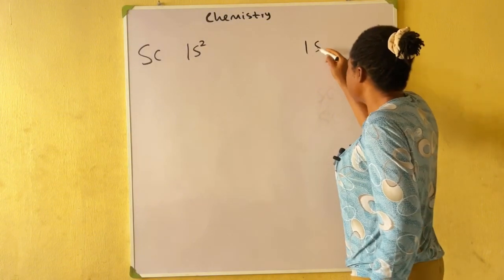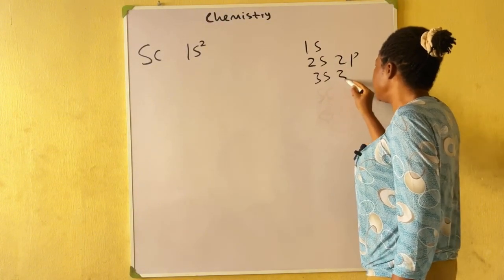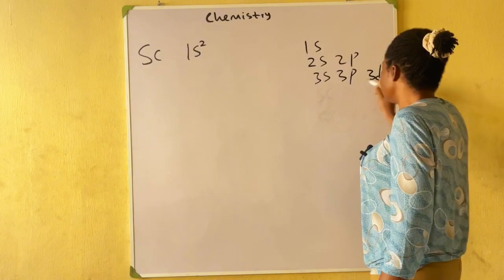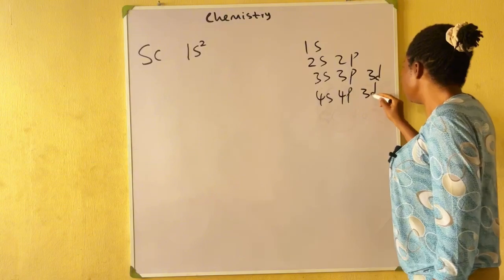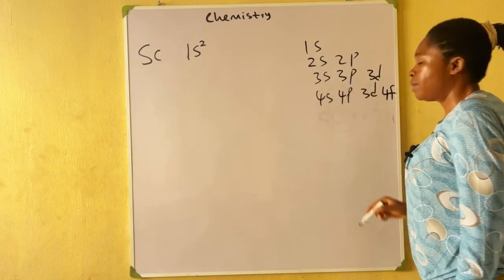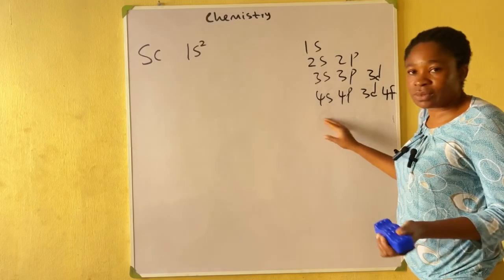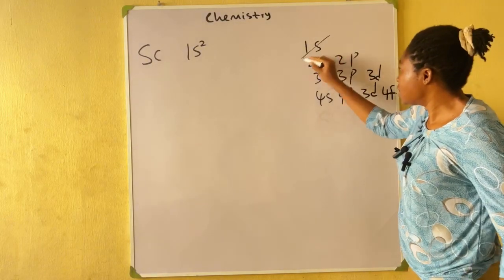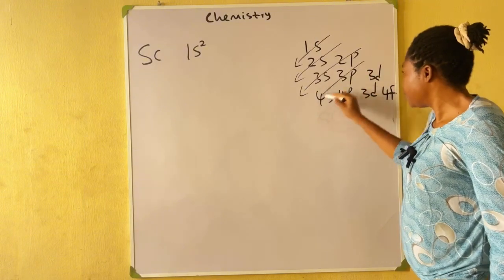So 1s, 2s, 2p, 3s, 3p, 3d, 4s, 4p, 3d, 4f. We're looking at the first transition series, so we might not get up to 5. Of course, you fill according to lowest energy level.